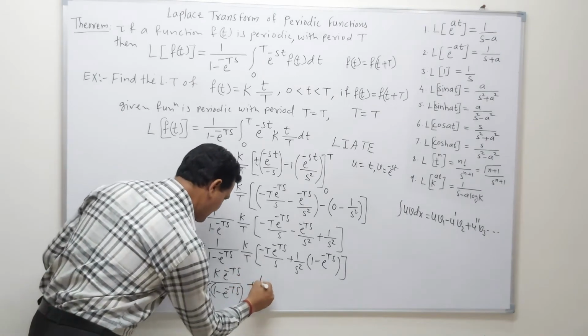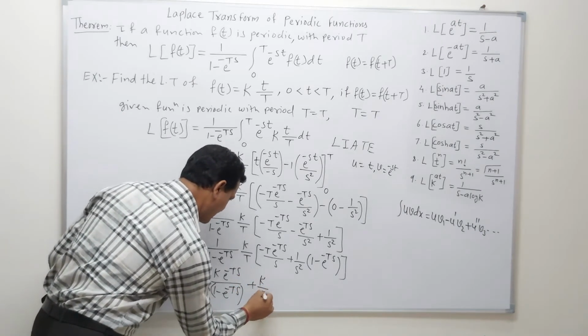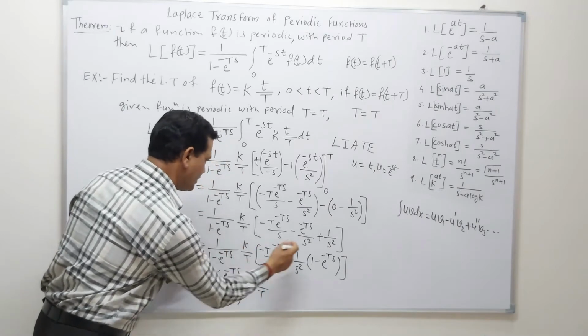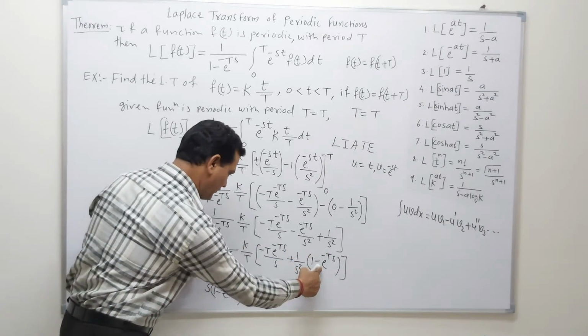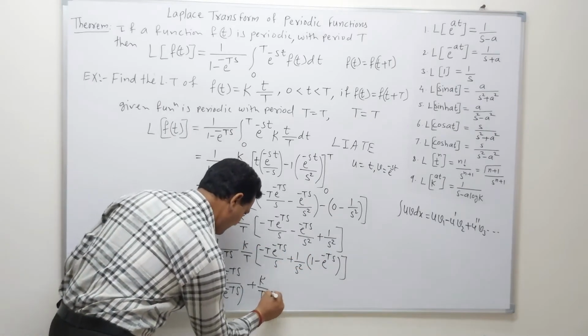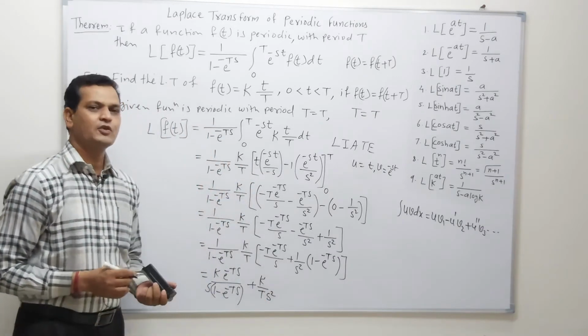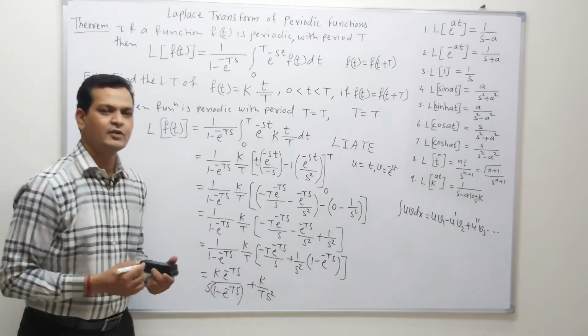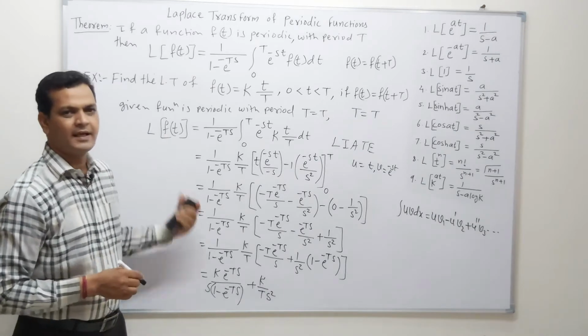Then plus k upon T as it is. If we take this to the inner side, then these two terms get cancelled, so the only remaining term is 1 upon s square. In this way we get the solution to the second example.